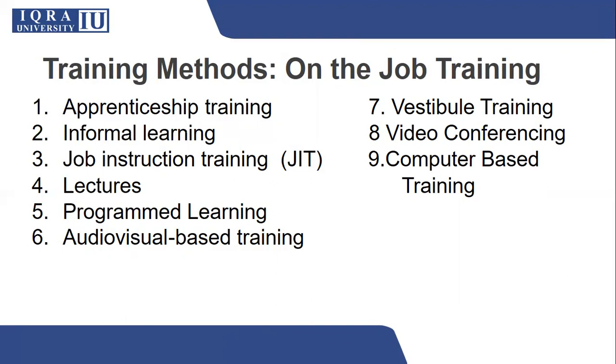Number 2, allowing the person to respond. Number 3, providing feedback on the accuracy of the answer with instructions on what to do next. Now, programmed learning reduces training time. It also facilitates learning by letting trainees learn at their own pace, get immediate feedback, and reduce their risk of error.